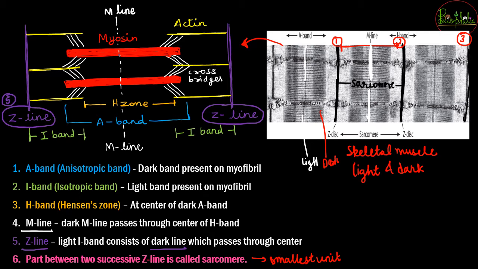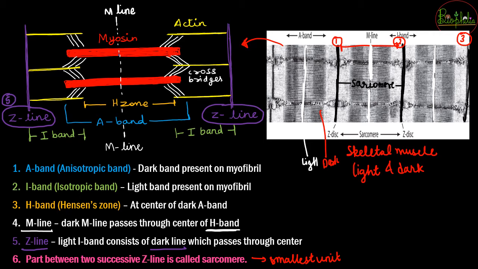The M line. M line you can see over here as well. So here we have 3 M lines, and these M lines are going to go through the center of the H band. H band किसको बोलते हैं? Wait for a few minutes, we'll understand that as well. So M line can go through the center of the H band. You can also see it is going through the center of the sarcomere as well.